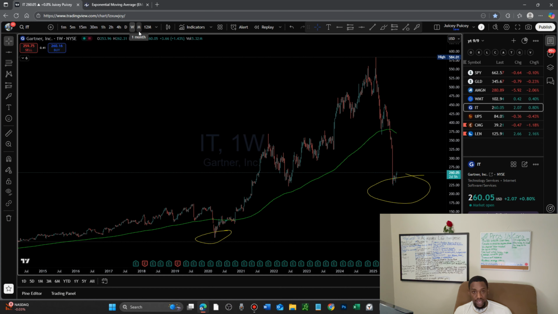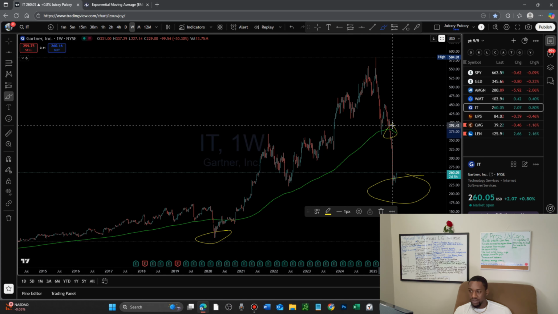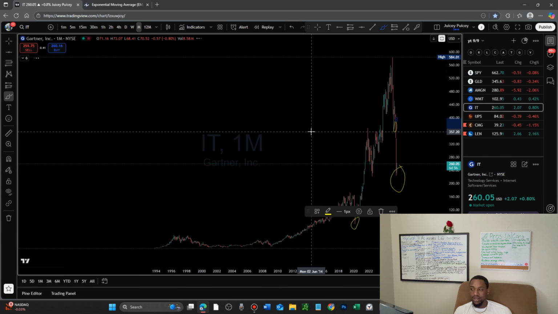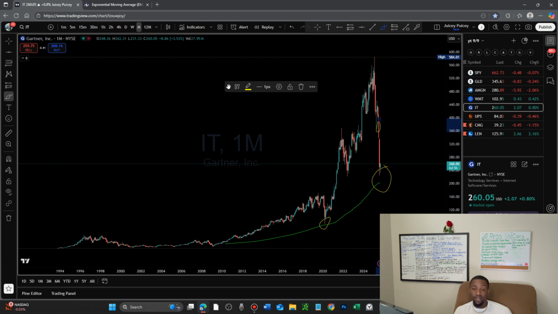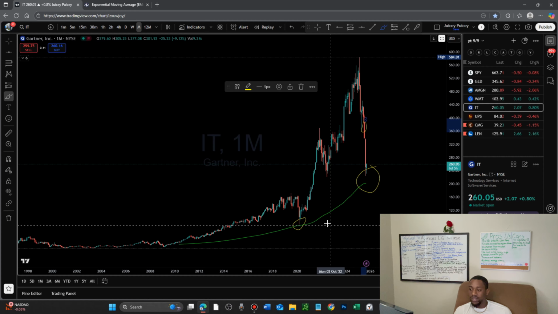Now check IT out. We gotta use it on a higher time frame, because look, oh my God, on the weekly, it passed the 200 EMA on the weekly. What do you do when it passed that? Go on a higher time frame. Check it out on the higher time frame. Did it break the 200 EMA on the monthly time frame? Hell nah.